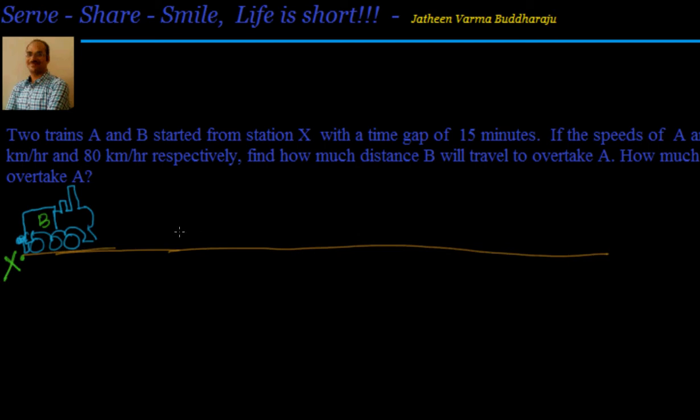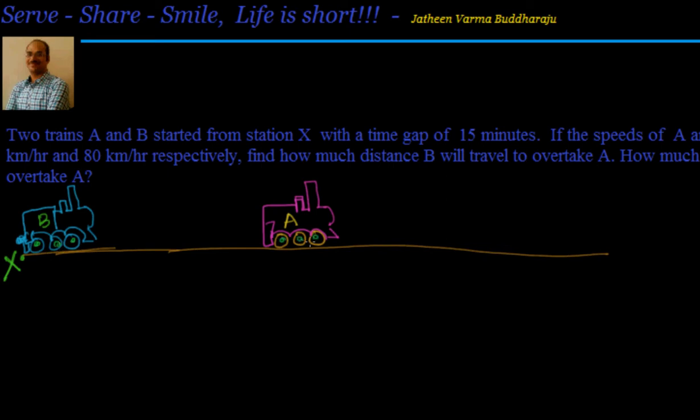Okay. Let us see where is train A. Train A already went ahead because there is a time gap of 15 minutes. So let us say that is train A, it already left.